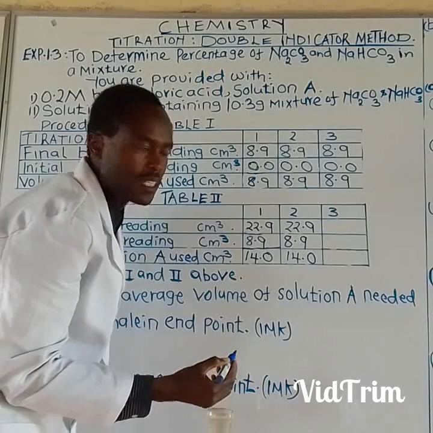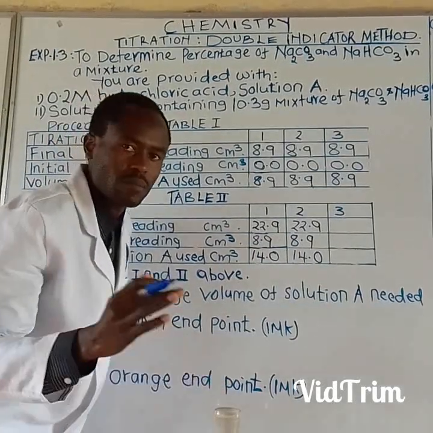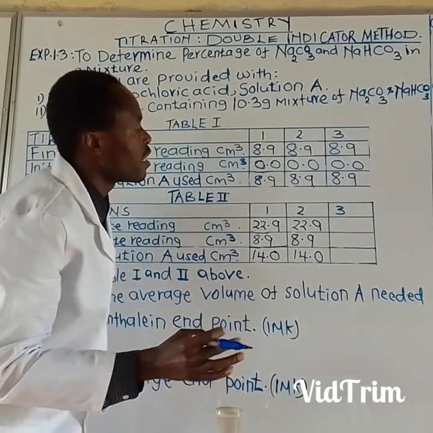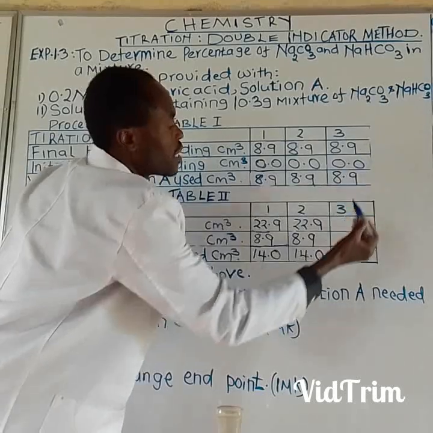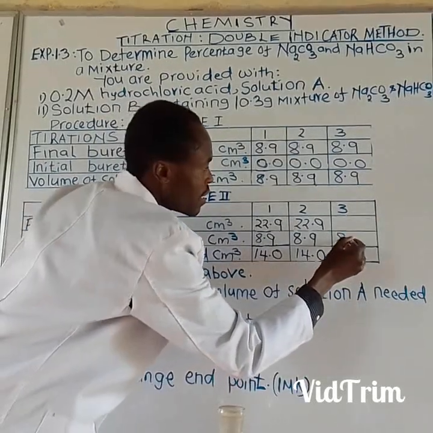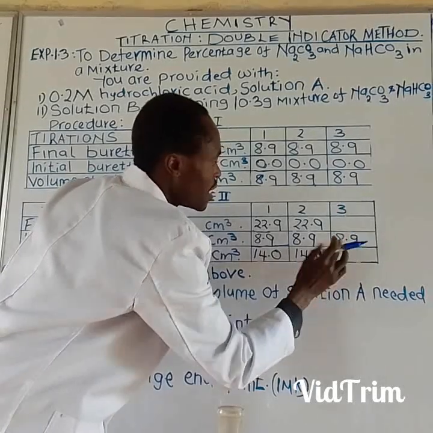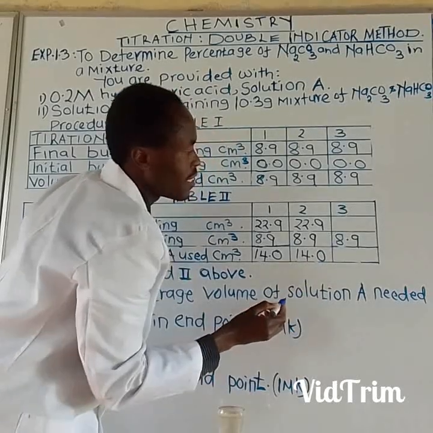Is it okay, my student? Then table 2, when you now add methyl orange, we said the final value in table 1 becomes your initial value in table 2, which is 8.9. Is it okay, my student?